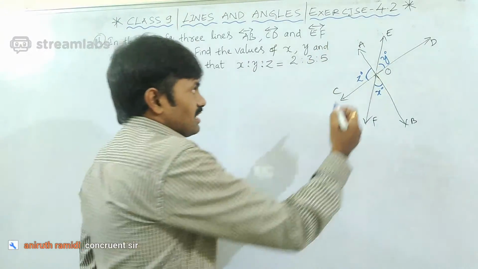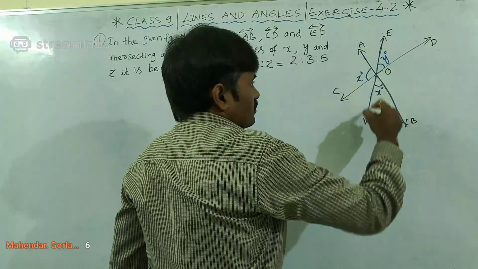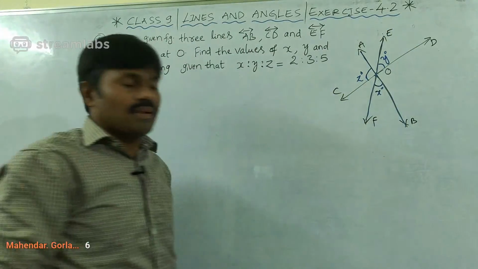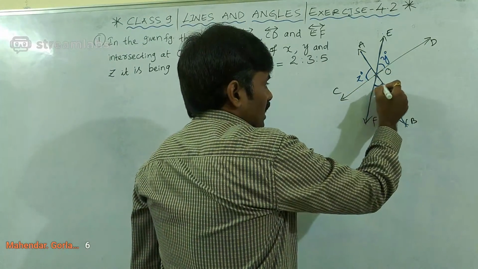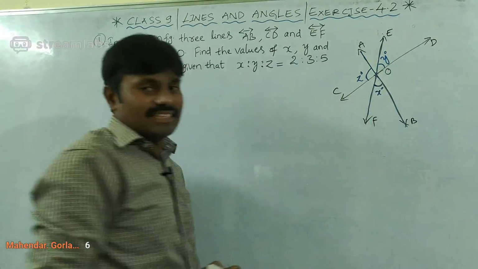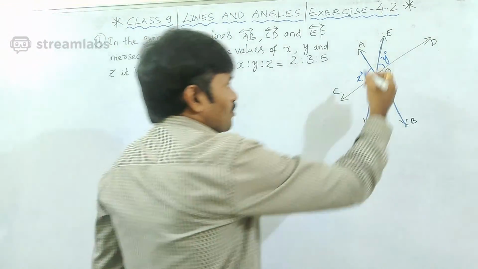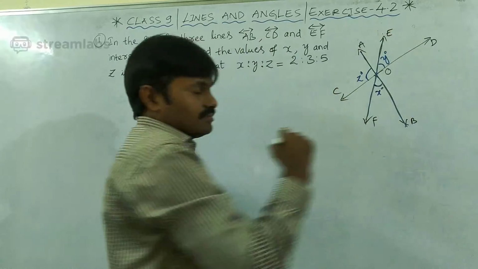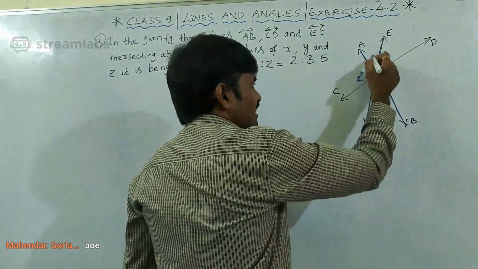See here, only consider AB and EF. Both are intersecting at point O. Here angle BOF is x degrees. And what about angle AOE? Yes, these two angles are equal.